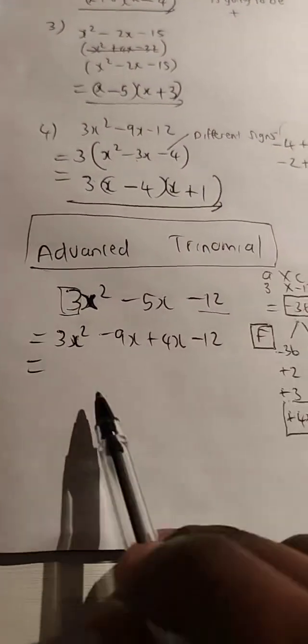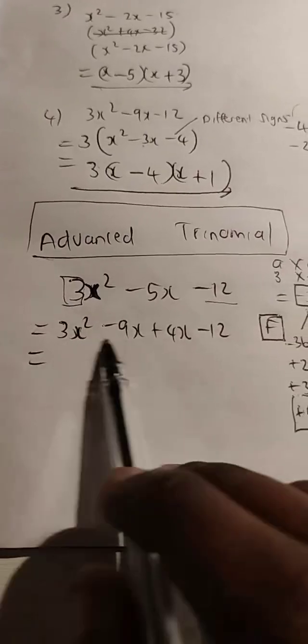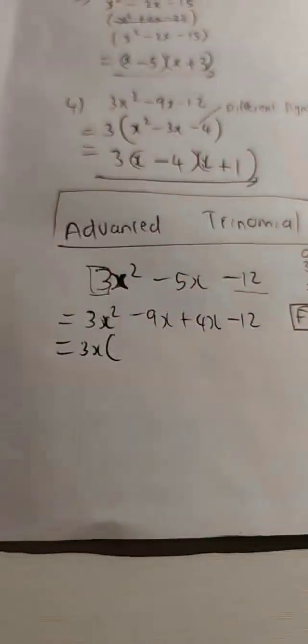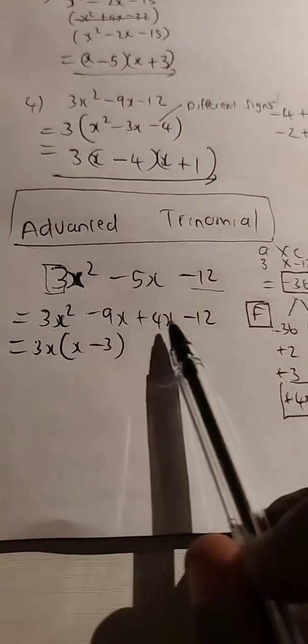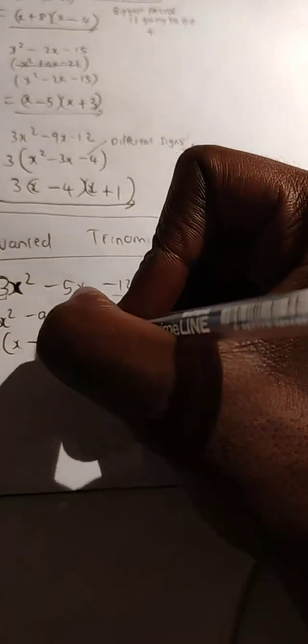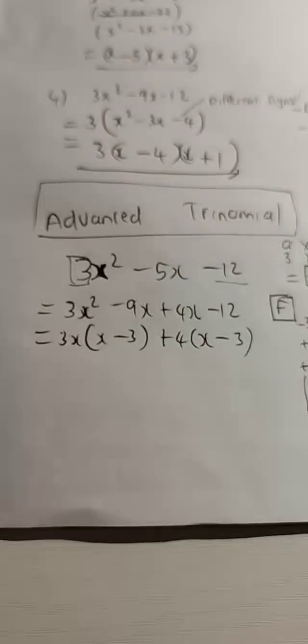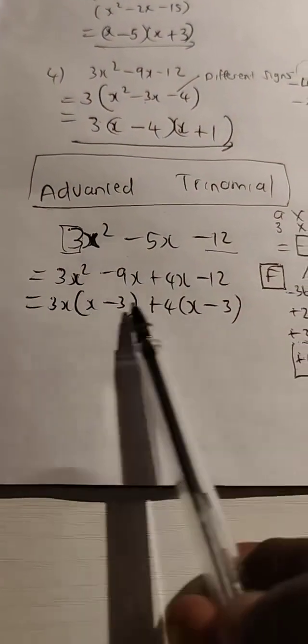So the first two, I group them. The highest common factor that I can see here is 3x. What am I left with? X minus 3. Here for the last two terms, the highest common factor is positive 4. I'm left with x minus 3. Now you can see there's a common bracket of x minus 3.